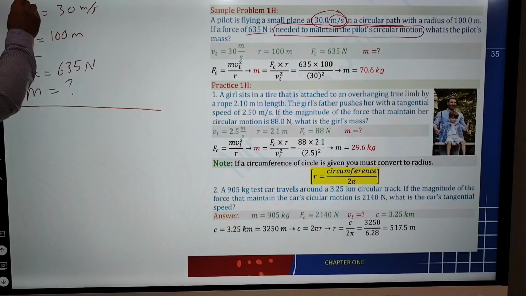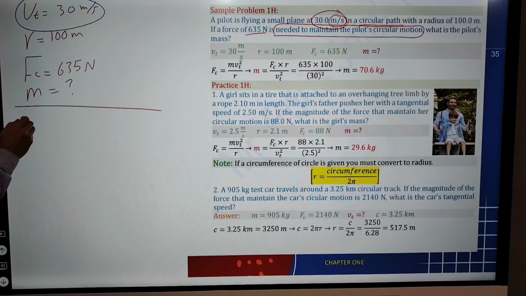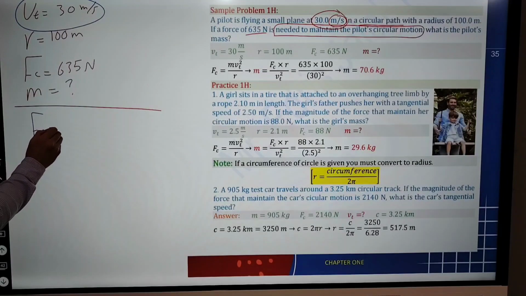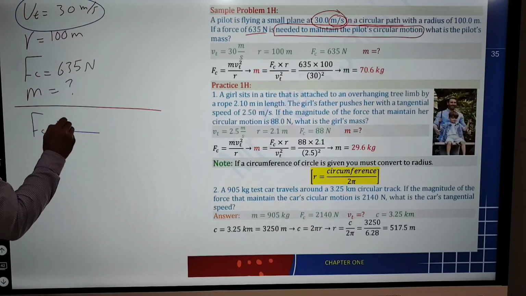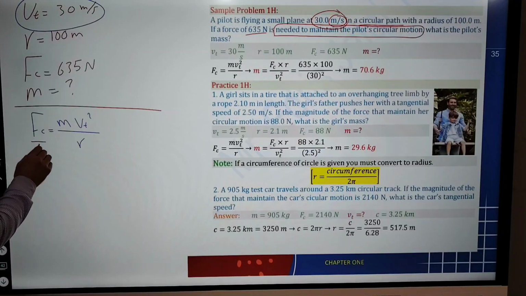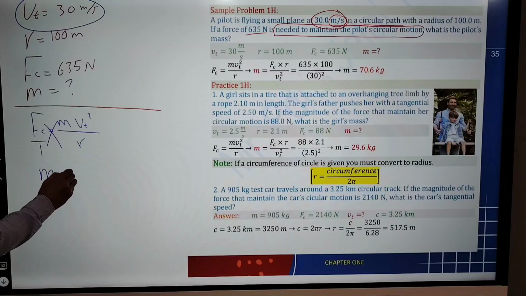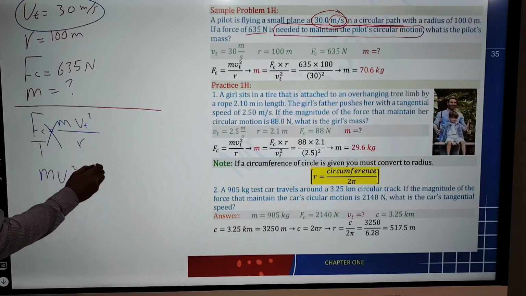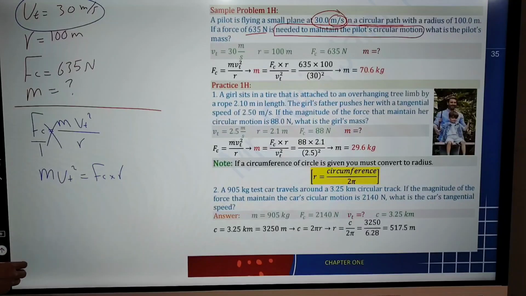Because the tangential speed is given, we have to use this equation, Fc equal to mvt squared over r. Cross multiply: fc times r equals mvt squared. It is very important for students to know how to rearrange the equation.